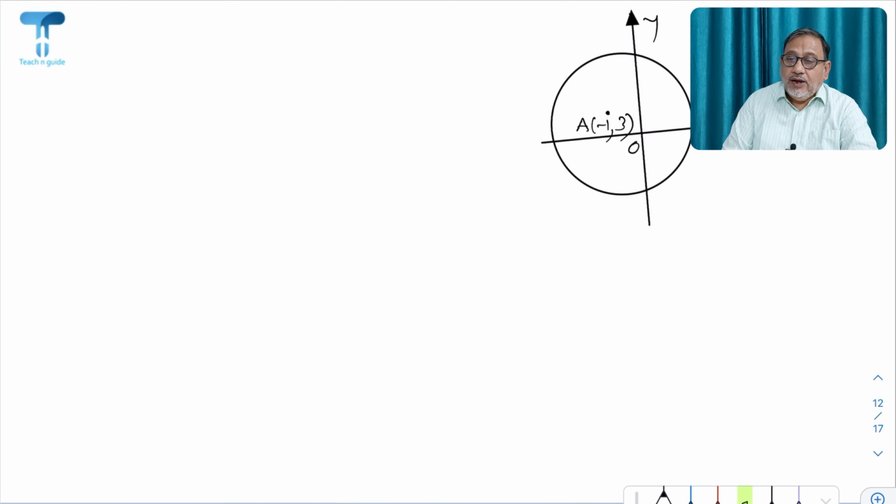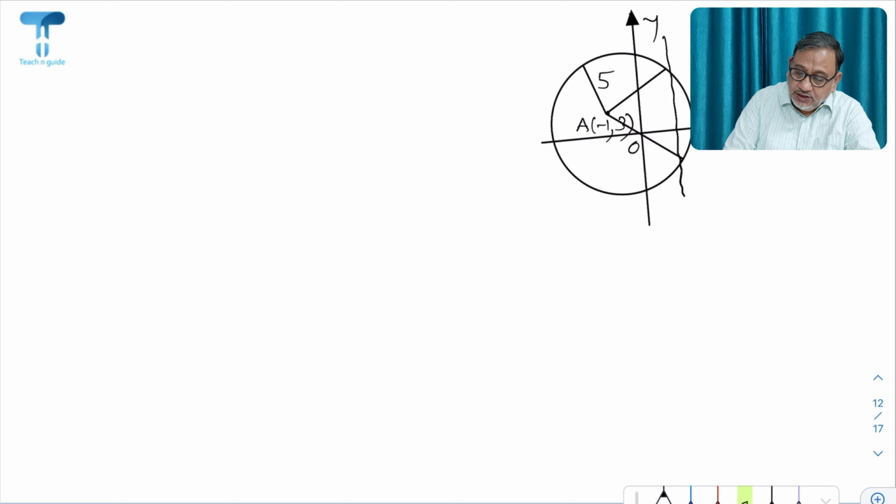Okay, and B will be on this circle somewhere, so it should be at a distance of 5 units. Look here, this circle has a radius of 5 units, right? Now from here 5 units here or 5 units there, okay, that can be given by a line, by a chord, right?